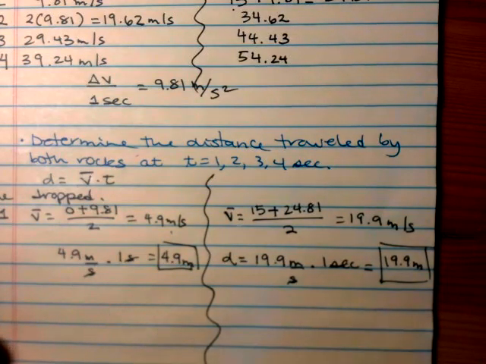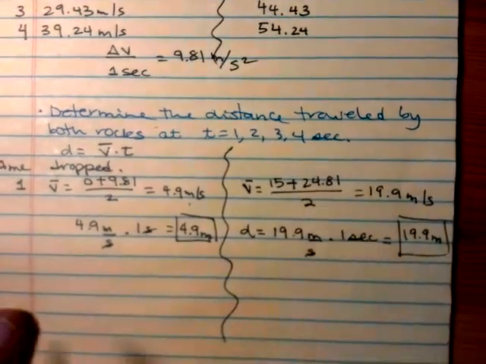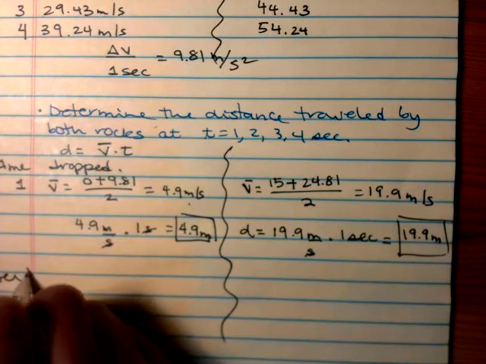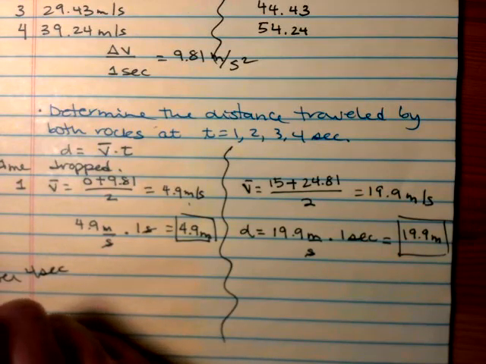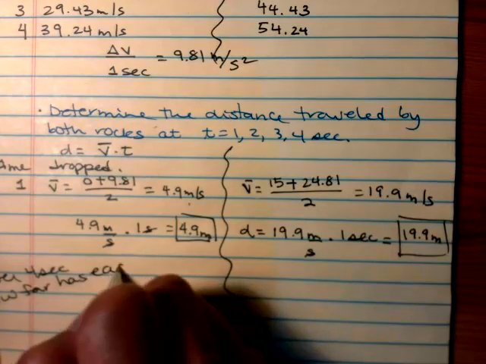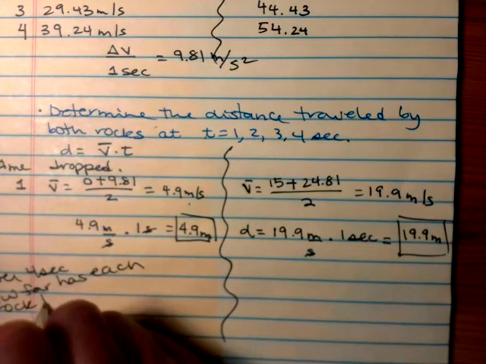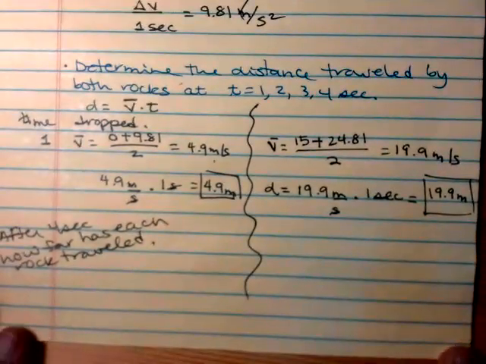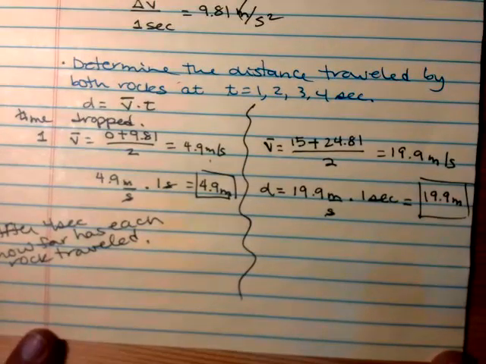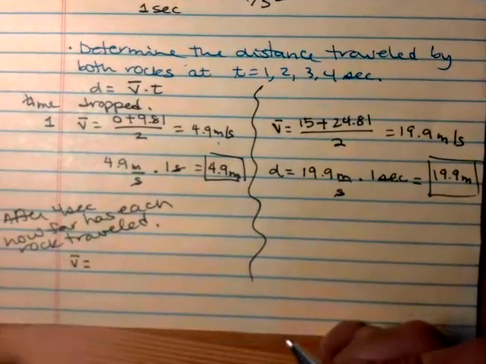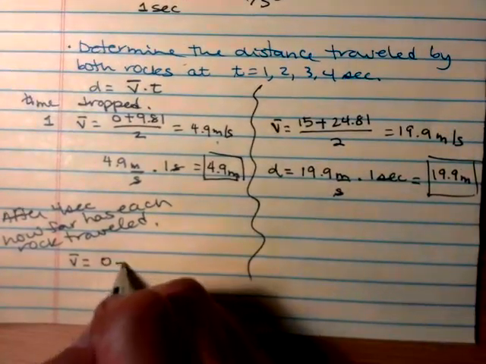Let's go ahead and do that instead of doing it at the end of 2, 3, and 4. So at the end of 4, so after 4 seconds, how far has each traveled? If you want to pause and see if you can come up with that, you want to know the average velocity, and then you'll multiply that by the time. So dropped. Its initial velocity is 0.